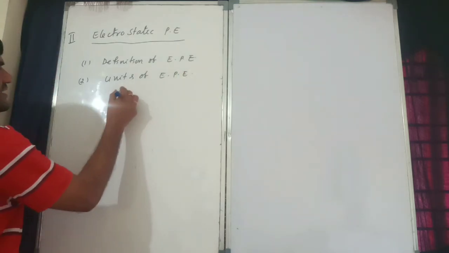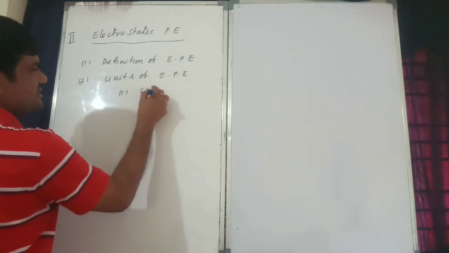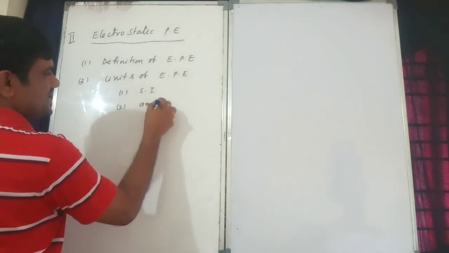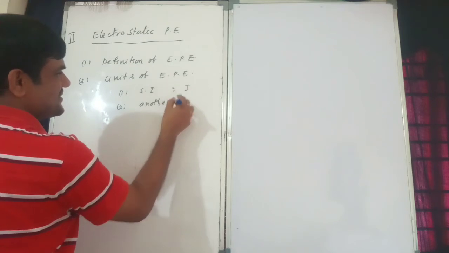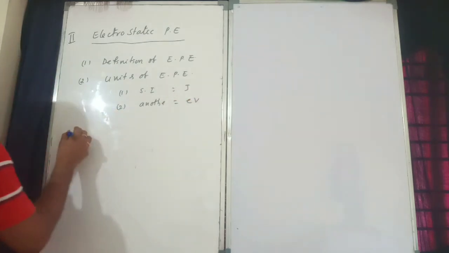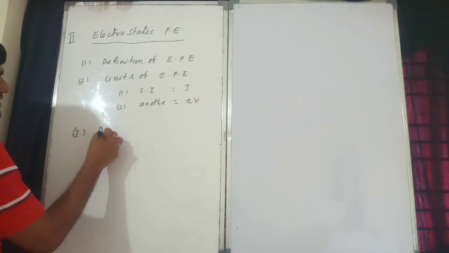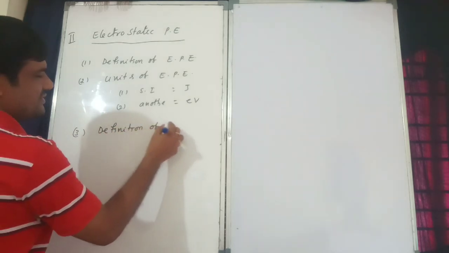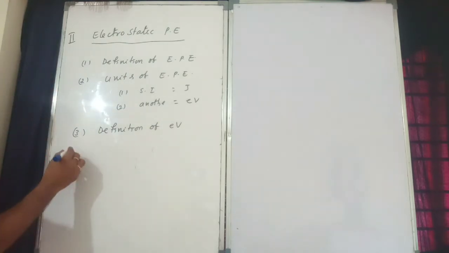Okay, two units are there. One is the SI unit, another one is another unit. One is the joule, the other is the electron volt. So the definition of electron volt: what is electron volt?